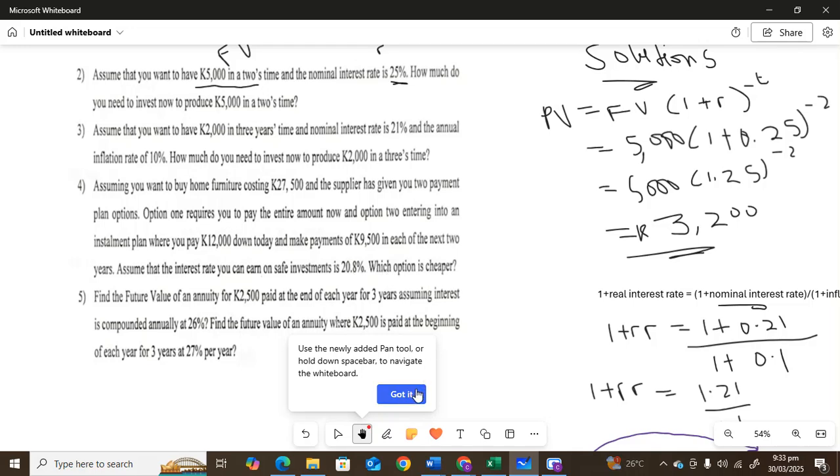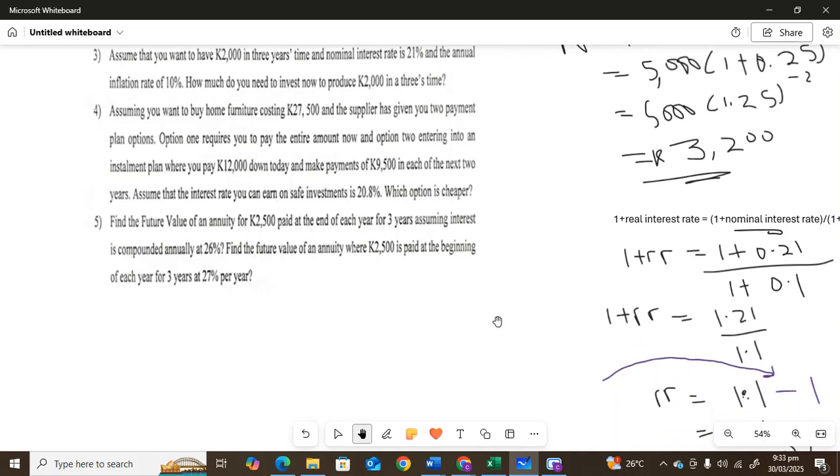Okay. So here we're now comparing options. You can either pay this 27,500 just now, you get your furniture, or there's the installment plan. So the way we're going to compare these options is through the present value basis. So for option 1, the present value is 27,500. That's how much you're paying.